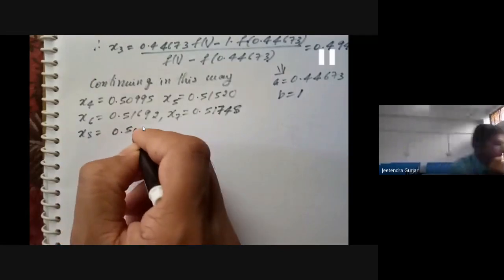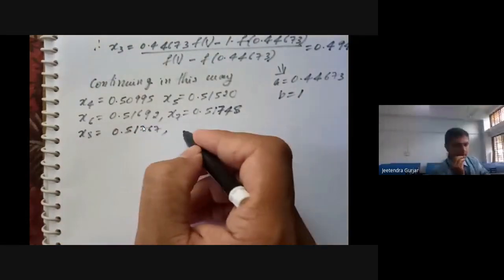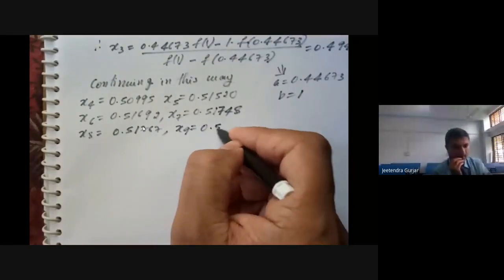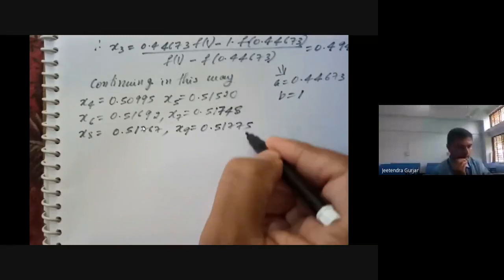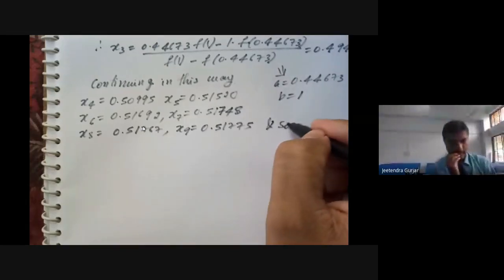It is 0.5174. If you continue this, you can get x8 equal to 0.51767 and x9 equal to 0.51775. If you continue like this and so on, you can solve the remaining later.